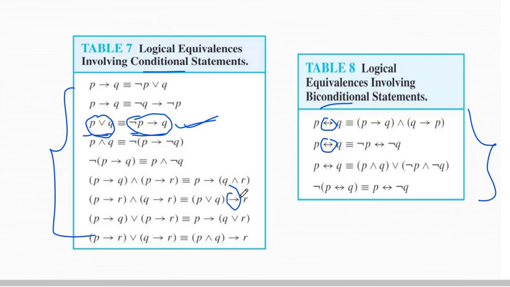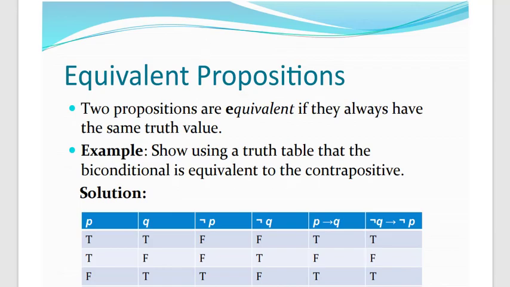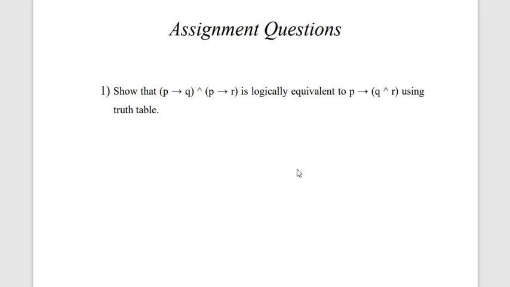Now, today's assignment is: bracket if P then Q, and if P then R is logically equivalent to if P then bracket Q and R, using a truth table.